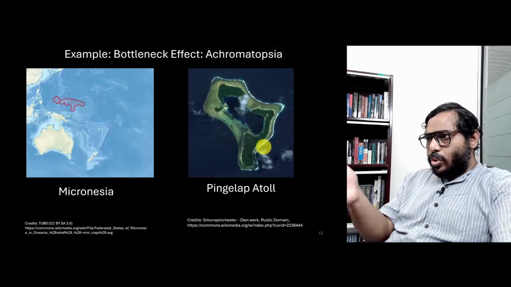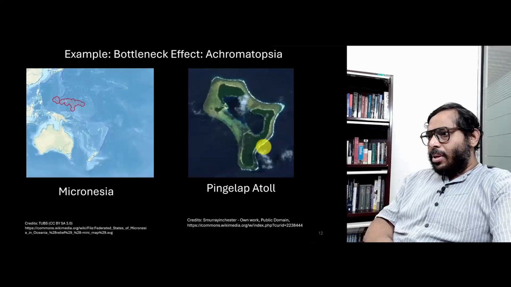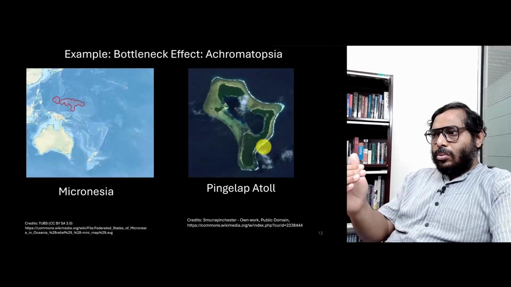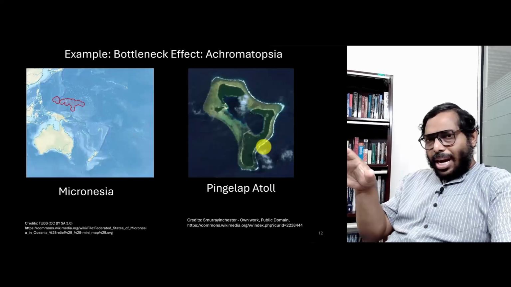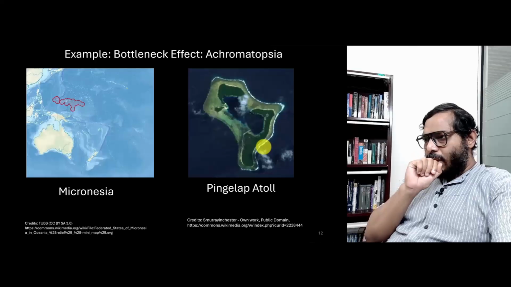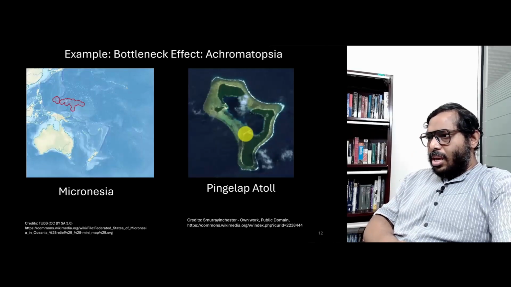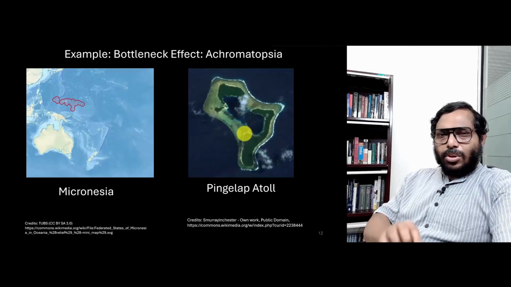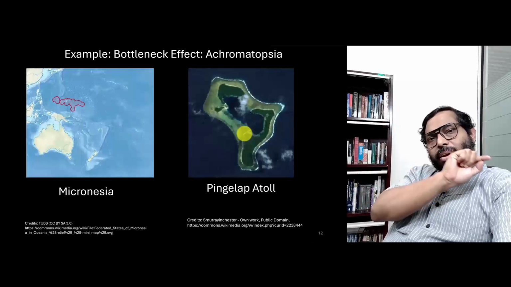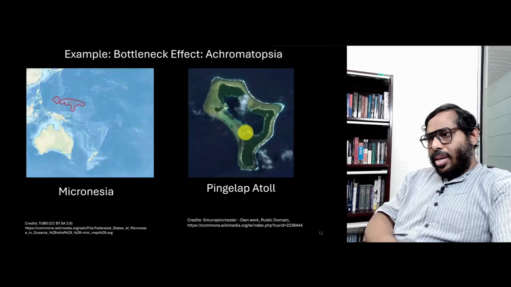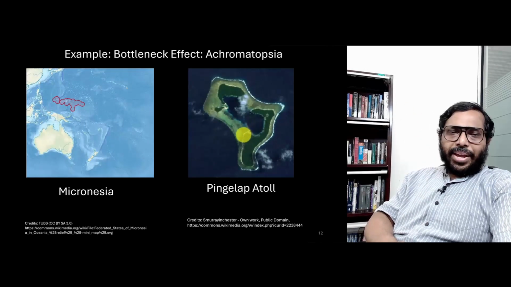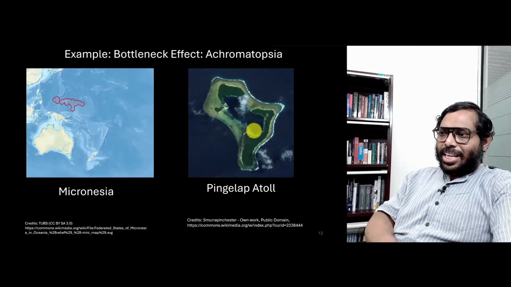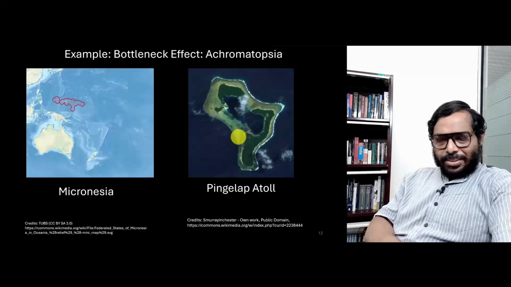Okay, and I am showing you a satellite picture of Pingalap just to tell you how small it is. You can see somewhere close to the center a white strip over here. This is a runway. Just for scale, this is a runway. So, this tells you how small this entire place is, right.